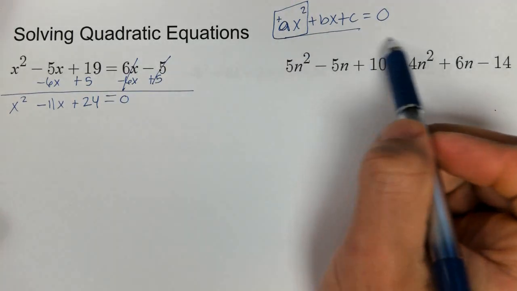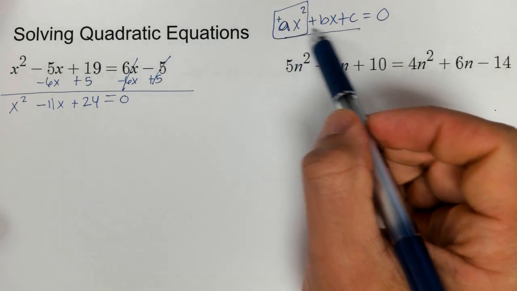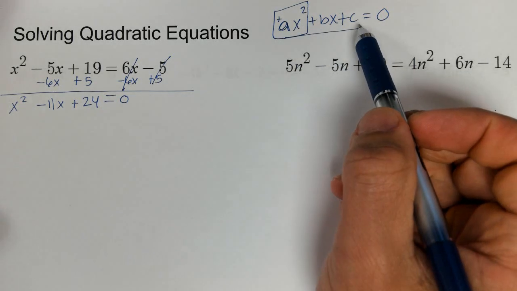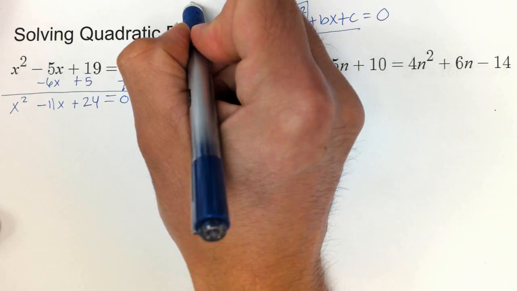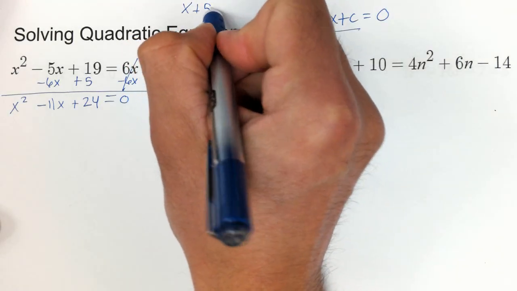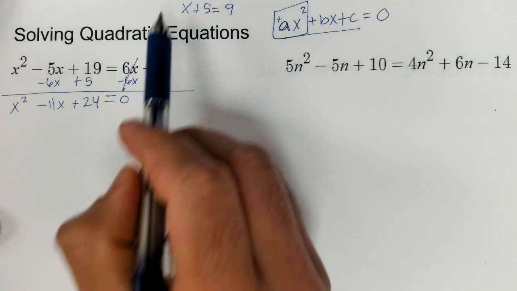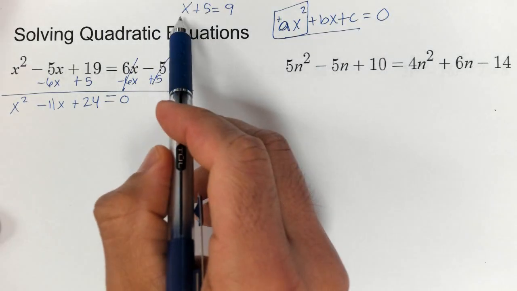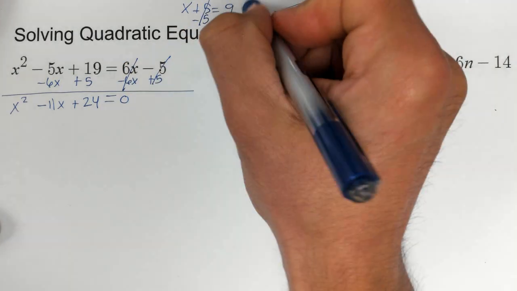Now that it looks like this form, in standard form, where the highest exponent is first, then the x, then the constant, I can now do factoring. Now, in Algebra 1 or Algebra 2 and other courses, when you're isolating a variable, and I'll do another video about this, the goal is to leave the variable by itself. You subtract 5 from both sides, and by doing so you get x equals 4.